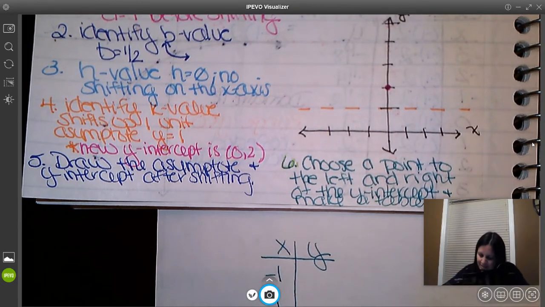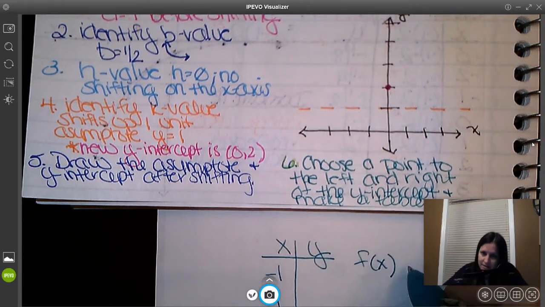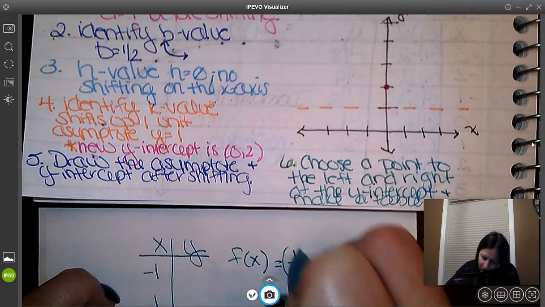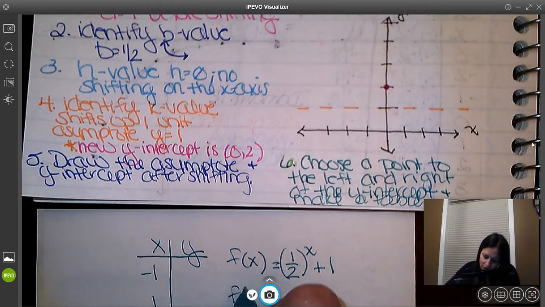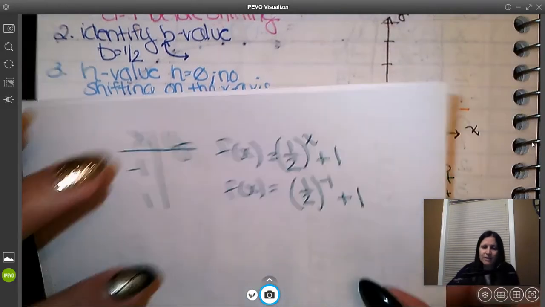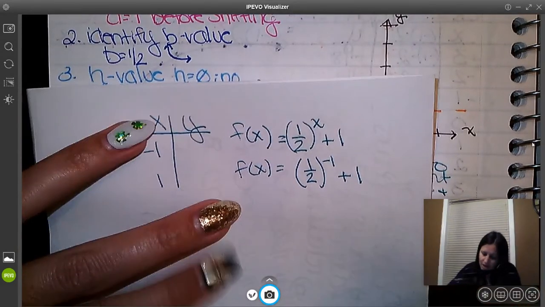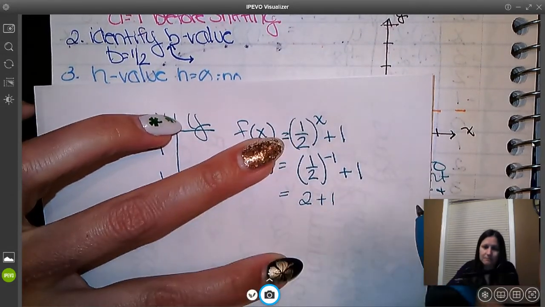And then I'm going to substitute those in, right? So I have f of x is equal to 1/2 to the x plus 1. So if x is -1, I have to take the reciprocal of 1/2 and raise it to the first power, which would be 2, and then plus 1.